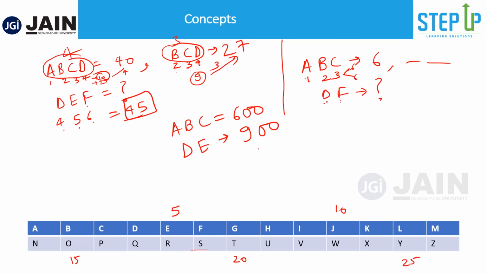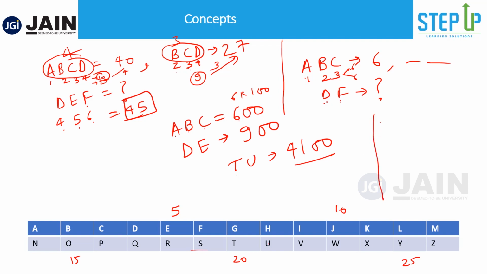So what they are doing is adding the place values, 6 for example, and then multiplying by 100. If they ask what TU will be, T is 20, U is 21. So 20 plus 21 is 41, so it would be 4100. So 100 they just multiply randomly to every number. So it could be this type.